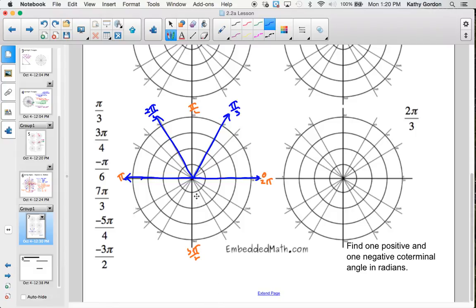Keep going. What's that one going to be? Come on, folks, follow the pattern. 1 pi over 3, 2 pi over 3, 3 pi over 3, 4 pi over 3.